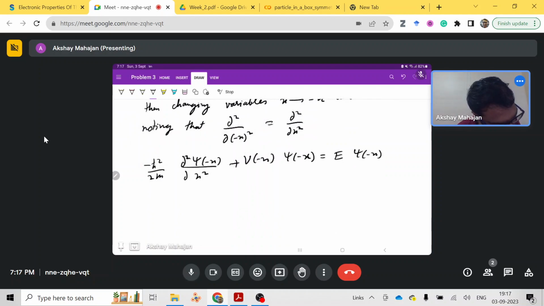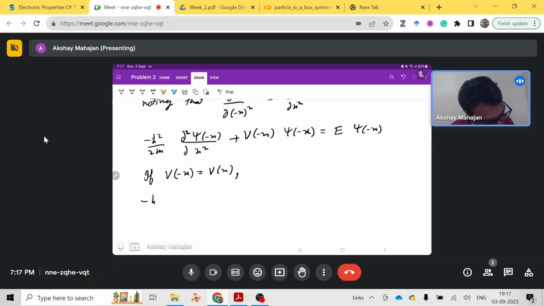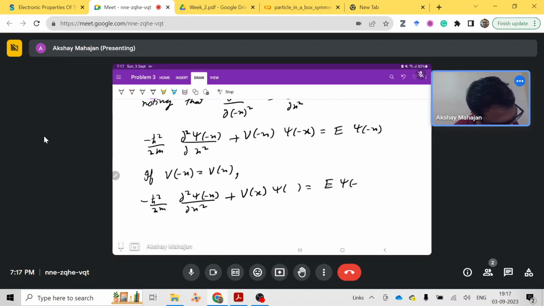Now if V of minus x is equal to V of x, so it is an even function, then what we will have is minus h bar squared by 2m del squared psi of minus x by del x squared plus V of x psi of minus x is equal to E times psi of minus x.